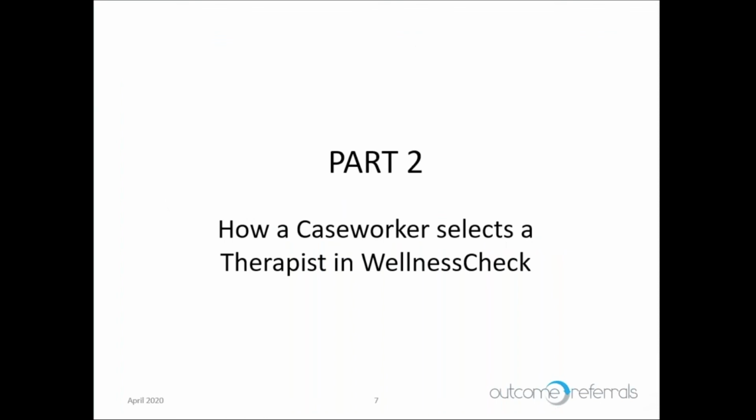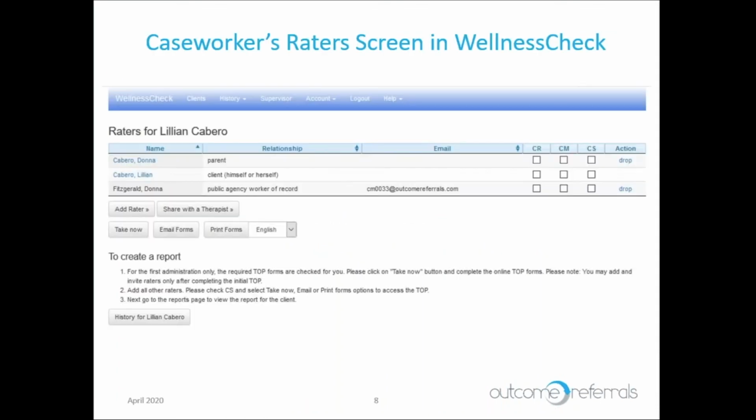And so now we're going to start part 2. When a caseworker is in WellnessCheck, they're in their radar screen for Lillian. You can see that there are some similarities and a couple of minor differences to their radar screen.